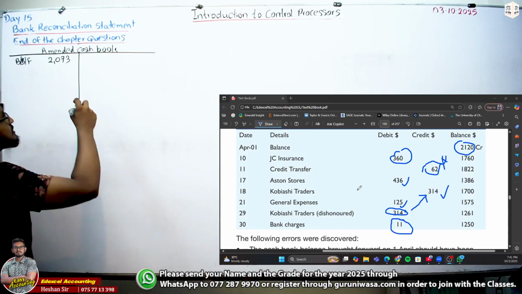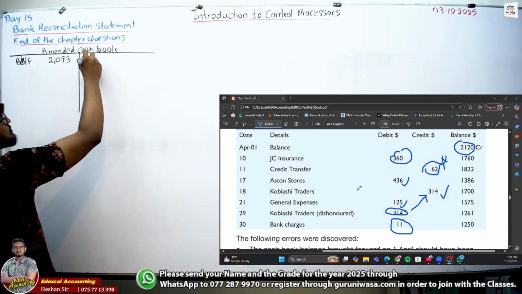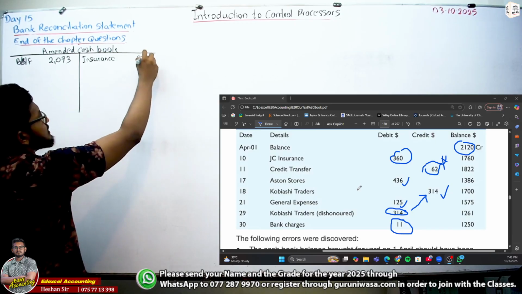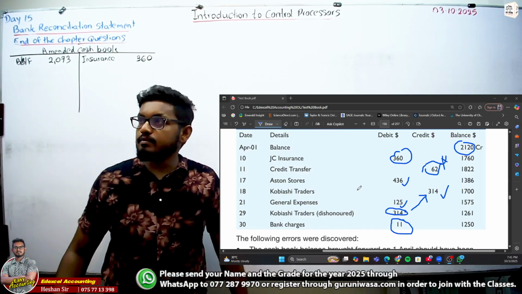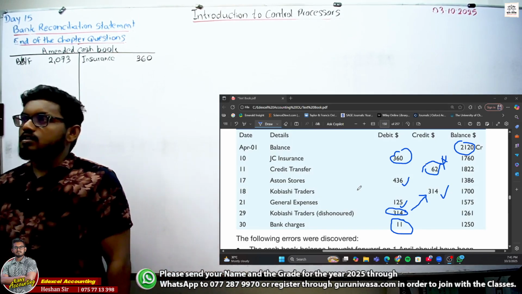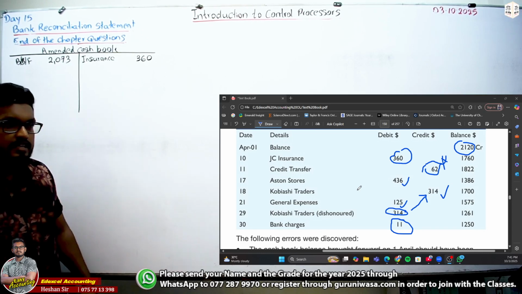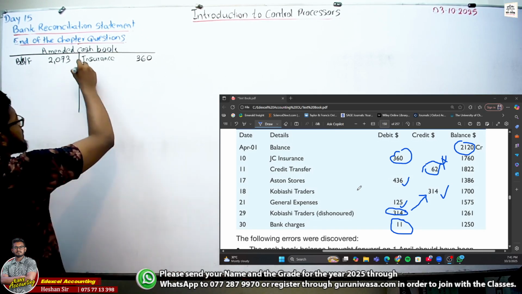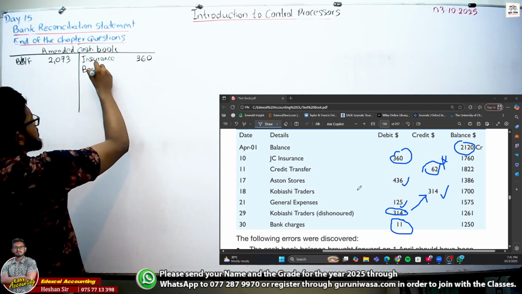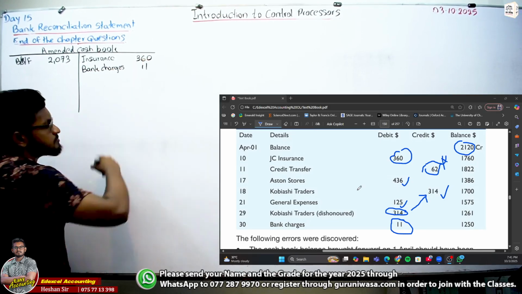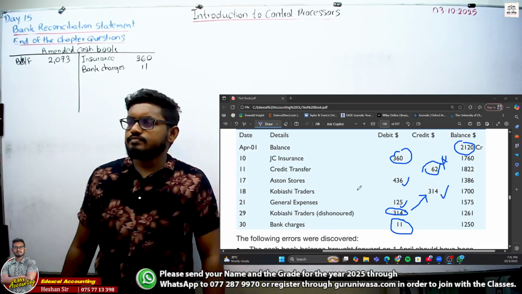Insurance, 360 should be removed. It was credited, so debited in here. Now the bank charges. I'll take the easy things. Bank charges also should be adjusted.